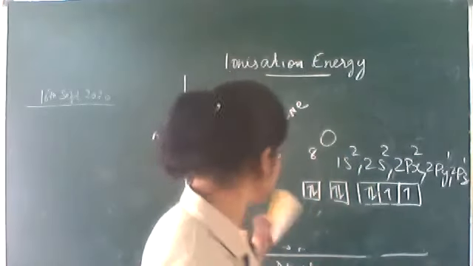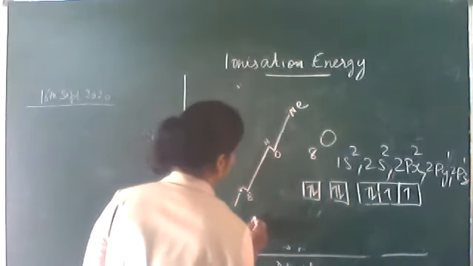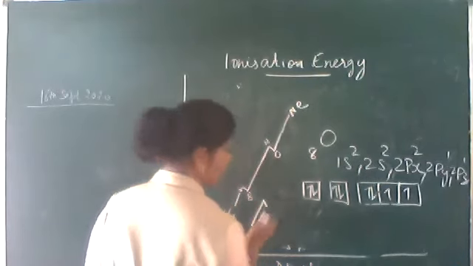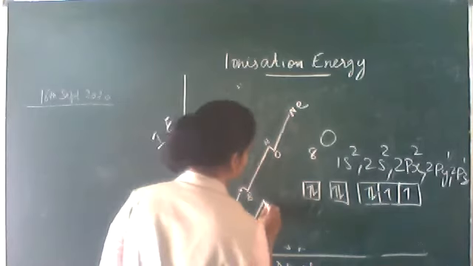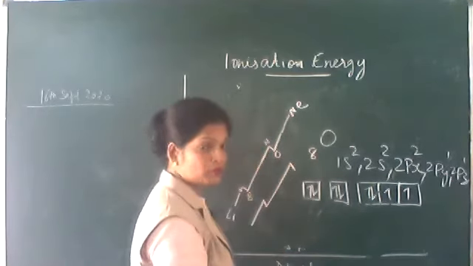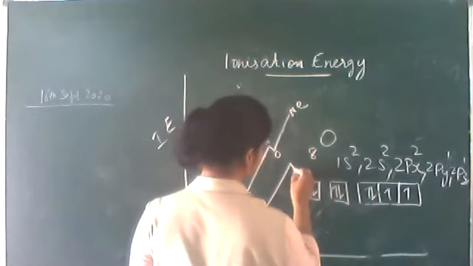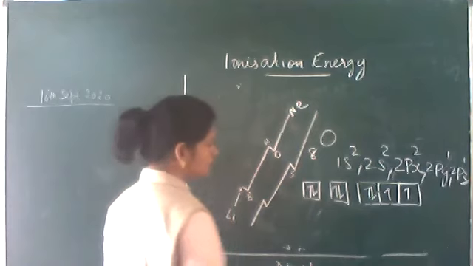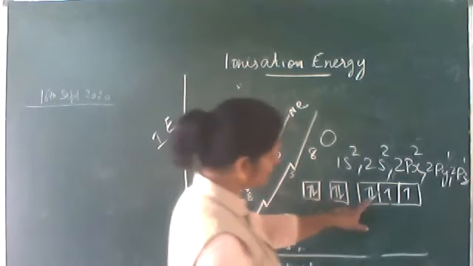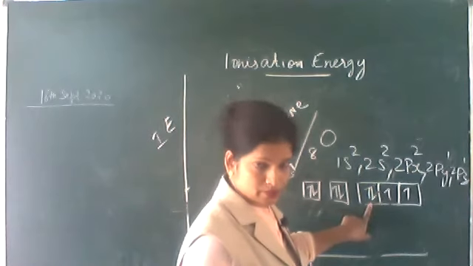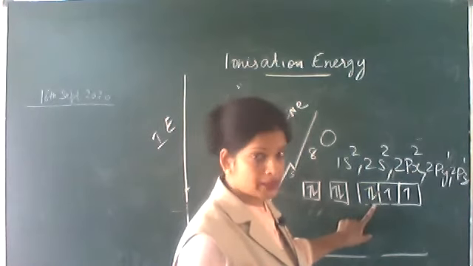Similar is the case in the next period also. There will be aluminium here, then it goes like this. Then there will be a dip for sulfur. Then it goes like this. So here the reason is electron repulsion.